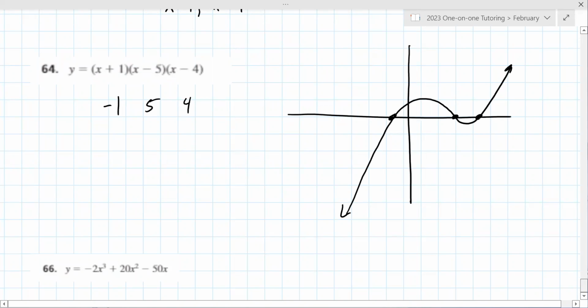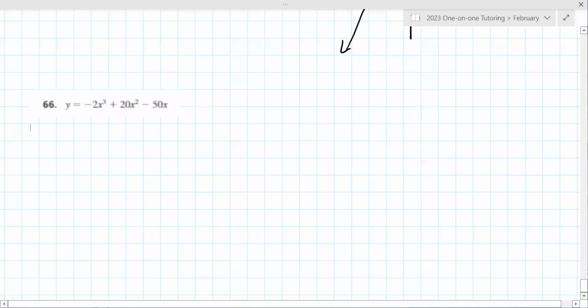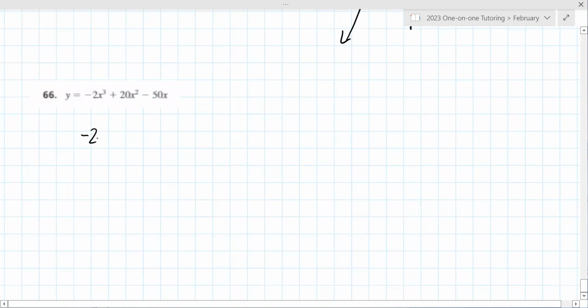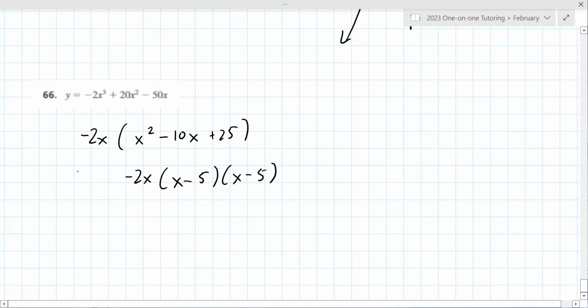All right, so the next one here, you want to factor out the GCF, which is -2x. That gives you x squared minus 10x plus 25. And this becomes x minus 5 times x minus 5. And then that's just a normal graph.